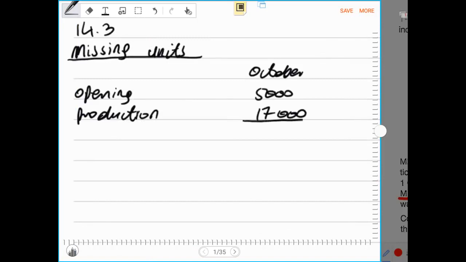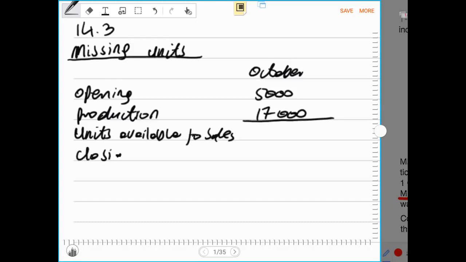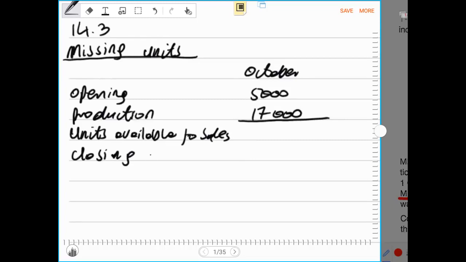So now if we say opening plus production, this will give us units available for sales. Then there was closing inventory, and that closing inventory was only 6,000 units.